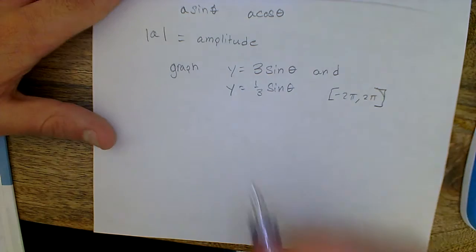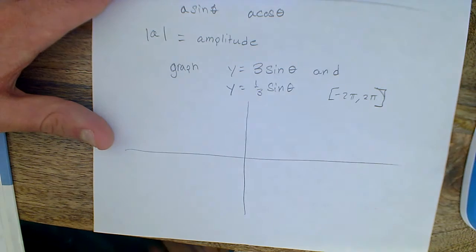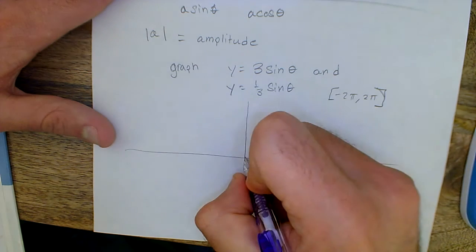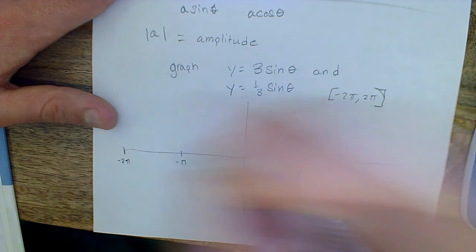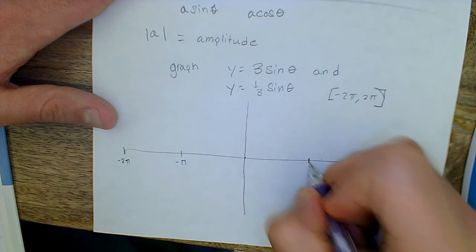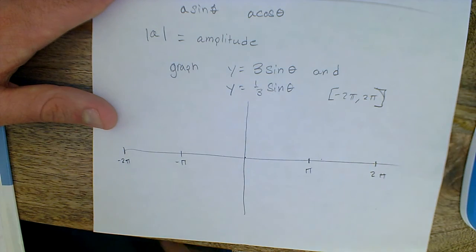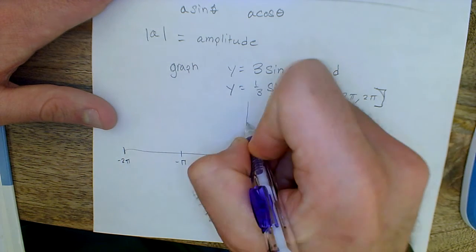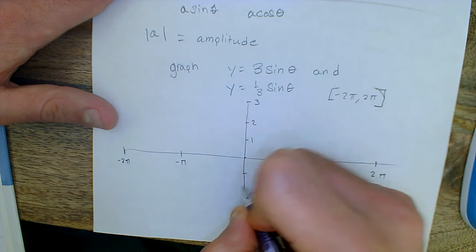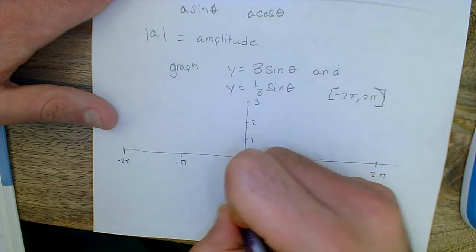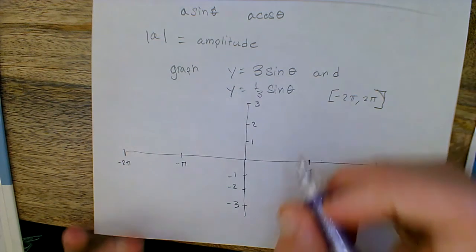We're going to put these two functions on the same graph. So first let's start out with our plain old sine function. So I'm going to go to -pi, -2 pi, pi, and 2 pi. So I'm going to go 1, 2, 3, -2, -3. Okay, so there's my coordinate plane.